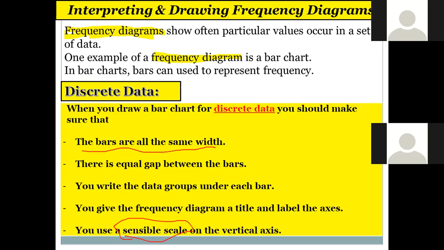We defined discrete type of data as data that are exact, that come in specific numbers. For example, I'm talking about a number of people. I can't say 3 people and a half. I'm talking about specific things, for example votes.